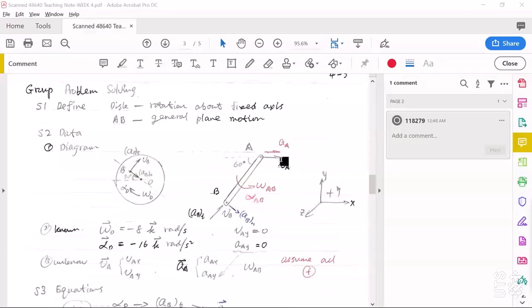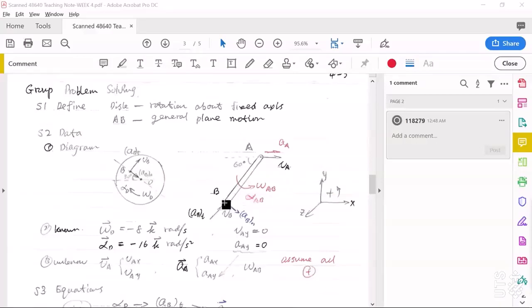So that means at point A, the acceleration AA and velocity VA, both of them must be horizontal. We don't know its direction, right side or left side. At this moment, we just assume they are positive to right side.